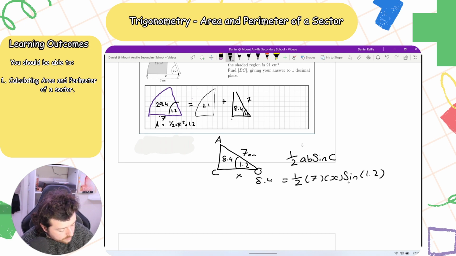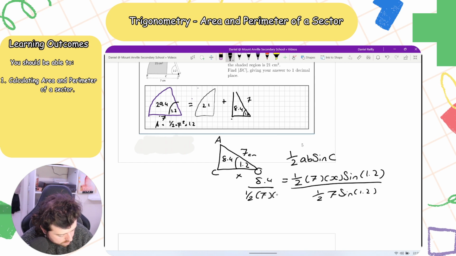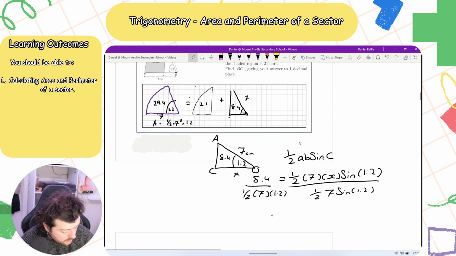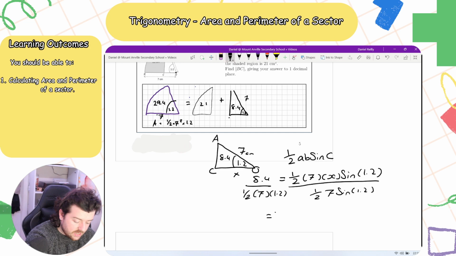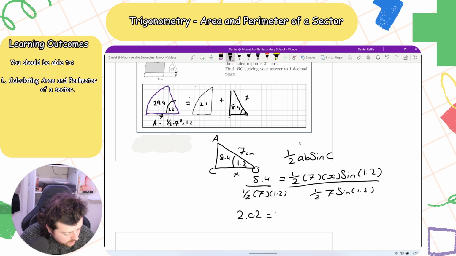So divide both sides by a half times 7 times sine 1.2. On the left hand side, 8.4 divided by 0.5 times 7 times sine 1.2. So the left hand side is going to be 2.02, which is equal to x.